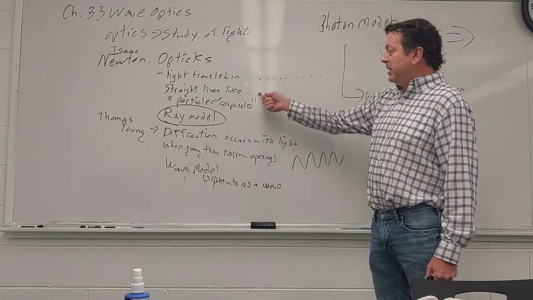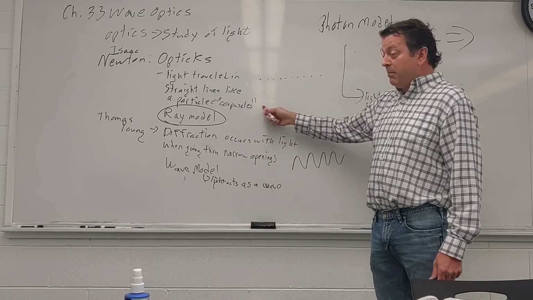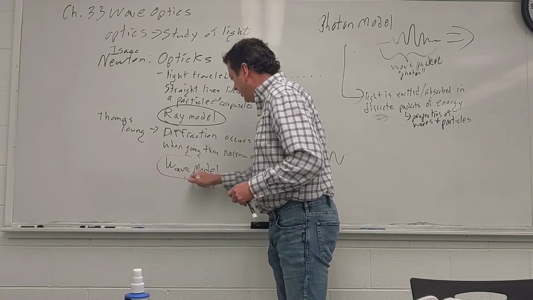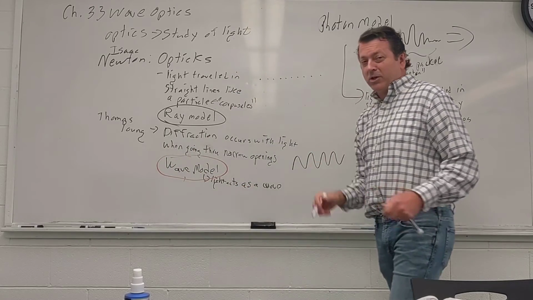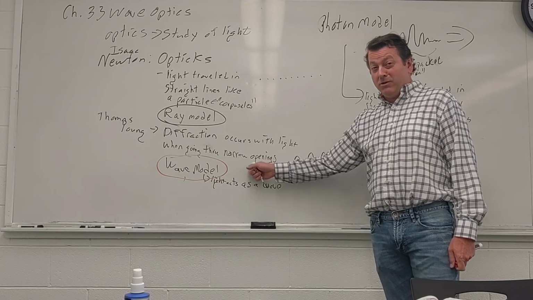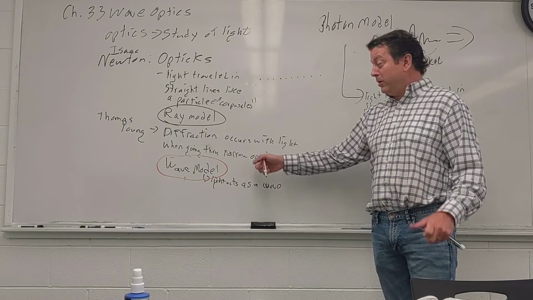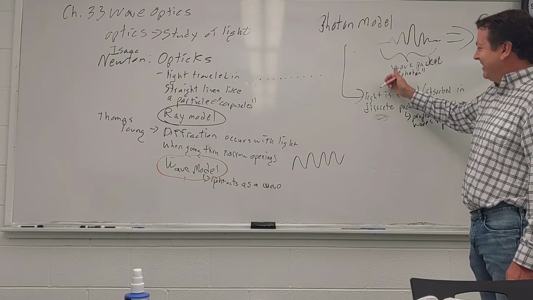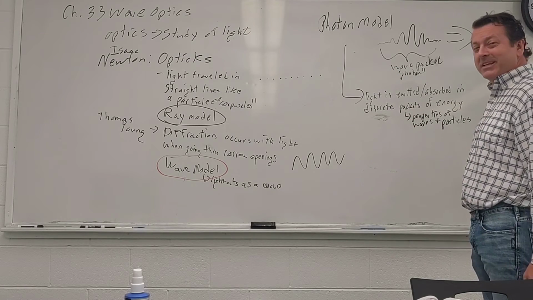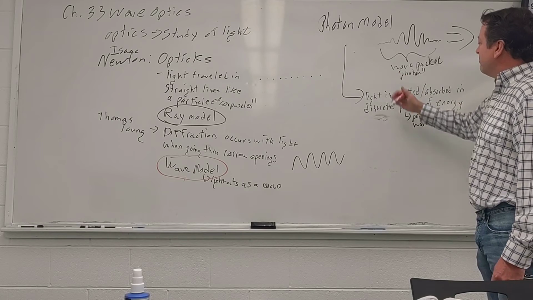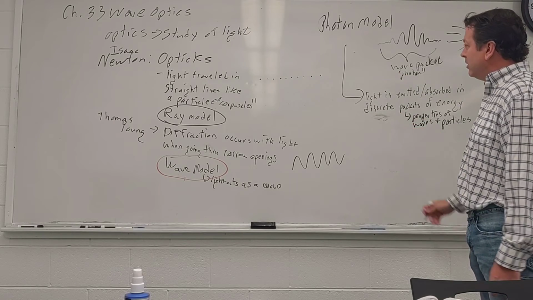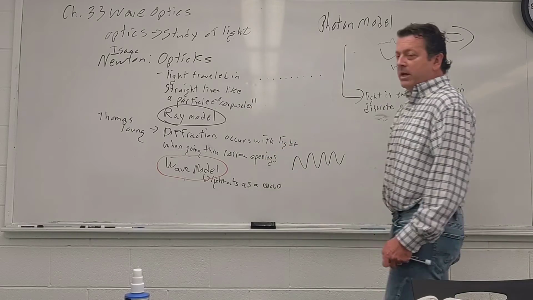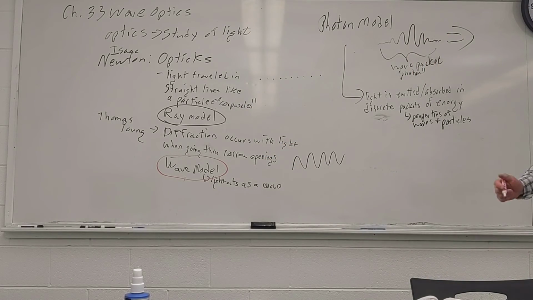To make the wave model show things a ray model shows easily, the mathematics can be horrendous. It's a lot of work. The photon model has even worse math, or better math, depending how you look at it, right, Cameron? The math is much more high level, but you can make predictions as rays and waves. Those are the three models.